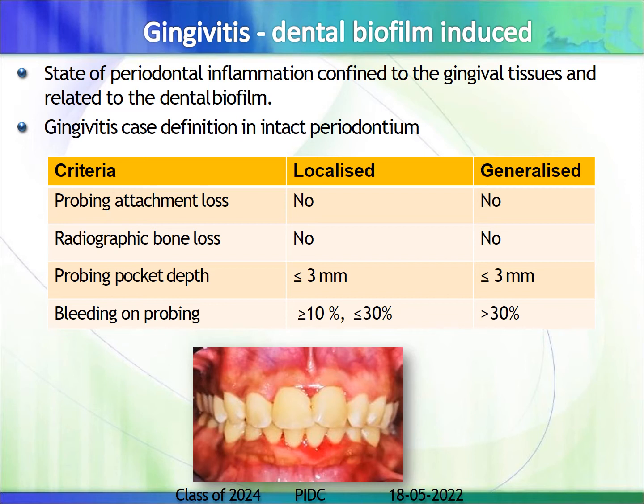Remember that if it is less than 10%, then it is clinical health. If it is 10 to 30%, then it is localized gingivitis. If it is more than 30% of bleeding on probing, then it is a generalized gingivitis.